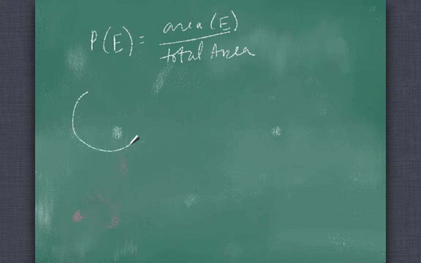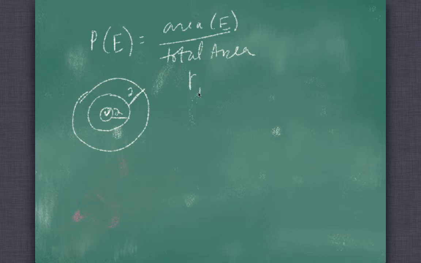So let's say that I had a dartboard. And let's say that the radius of this little guy was 1. And then from here to here was 2. And from here to here was also 2. So that means the radius of this entire thing is 5. Okay? So let's say at first I wanted to find the probability of a bullseye.